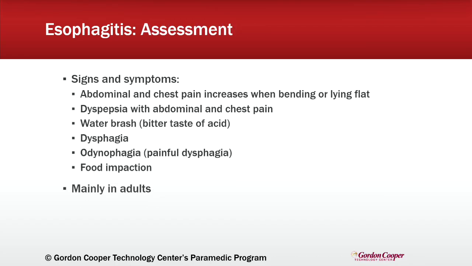Pain is usually felt in the upper belly and maybe even the lower chest. It often gets worse when the patient bends over or tries to lay flat. Common symptoms include a bitter acid taste in the mouth, maybe trouble swallowing or painful swallowing, or they feel like food might be stuck in their throat. Physical findings might not show much, but the symptoms are actually going to be the main clue.